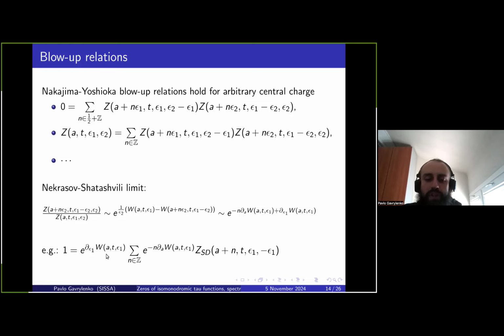And the epsilon 1 of W, which is the overall factor. So if it is some vanishing condition, then this factor doesn't matter. But if it is not, then it says that if you normalize the tau function by this factor described by a classical conformal block, then it is normalized to 1 at this point where the other tau function vanishes.